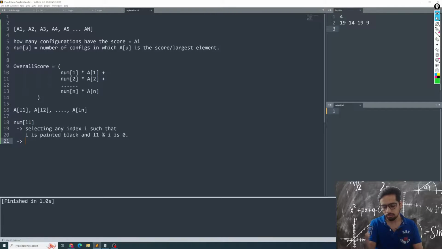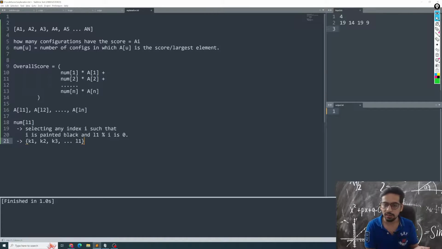You can just go over all the indices, find out, okay, 1 divides it, this divides it, that divides it. So you'll have a set of indices, maybe K1, K2, K3, and so on till L1. Right, L1 itself will divide itself and nothing greater than that will divide it. So assume K1 less than K2, K2 less than K3, so on till L1. So if any of these is selected, great.